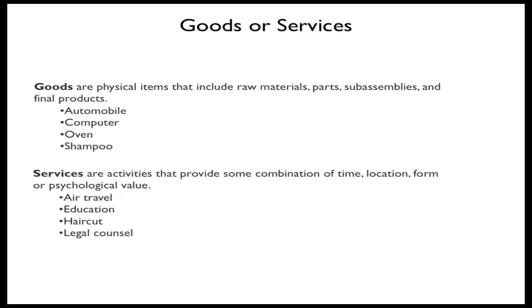Goods includes everything from raw materials to partially assembled something to the final product. So an example is your car. Your car is a goods. The computer that you're using to watch this video, that is a goods. An oven where you bake something, shampoo, those are all goods.